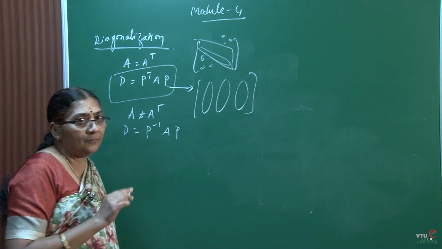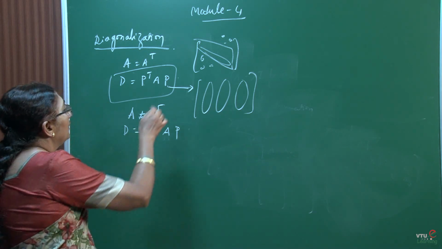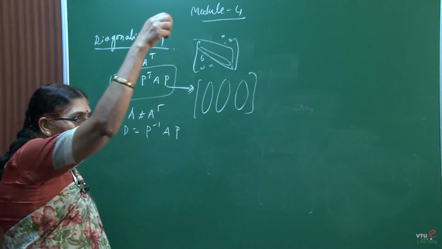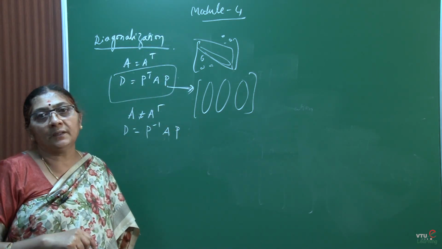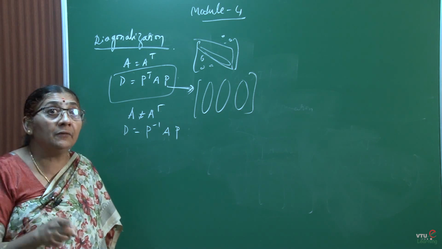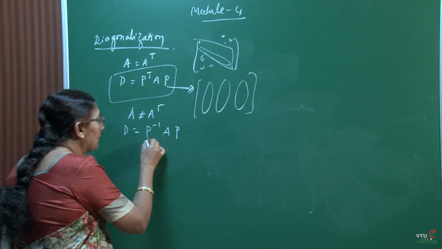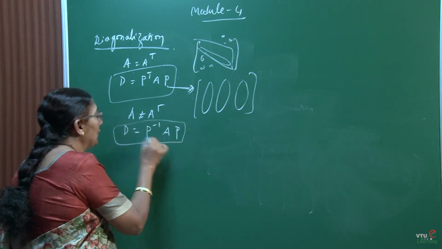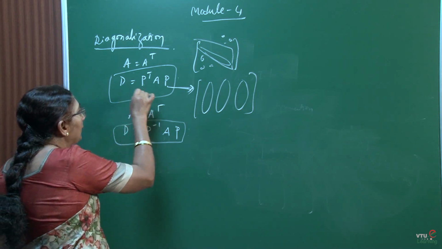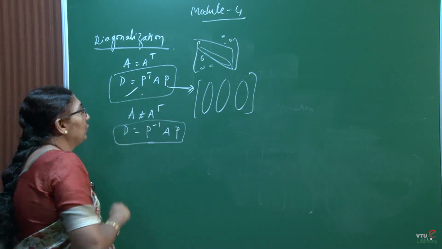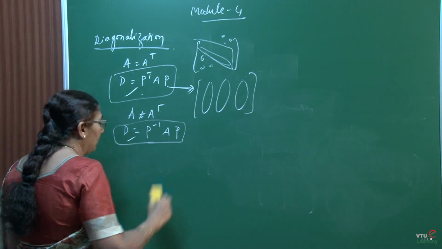I am explaining, not using the Gram-Schmidt process. We are using a different method. The columns of P are a normalized orthogonal set of vectors of the given matrix. I'll explain while doing the problem how to proceed, how to take P, how to find P inverse. But keep in mind, whenever the matrix is symmetric, this is the formula to diagonalize, and this is the formula for non-symmetric. Now I'm going to take one problem based on that.